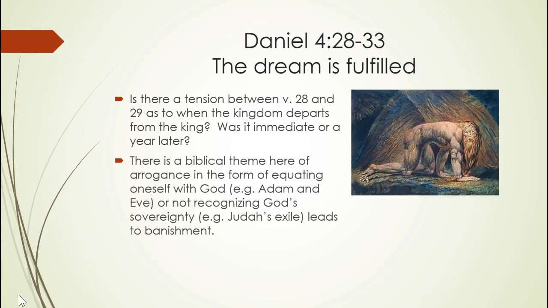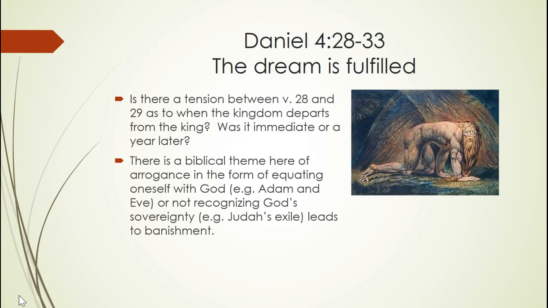There is a biblical theme here of arrogance in the form of equating oneself with God. Of course, Adam and Eve's sin is they wanted to be like God. And so that's really the first sin, attempting to do that, and not recognizing God's sovereignty, which is really the issue with Judah's exile. Judah's going to be exiled because it doesn't recognize God's sovereignty.